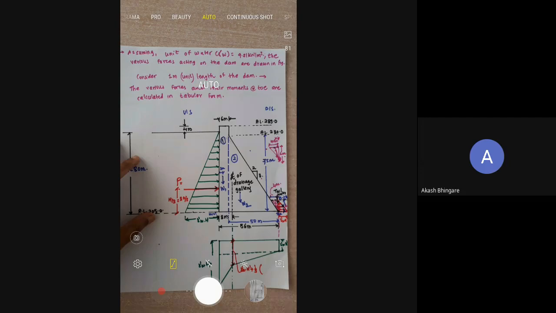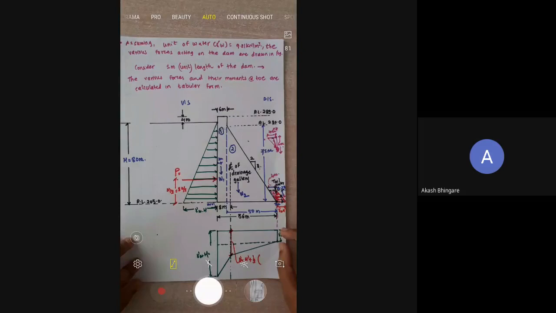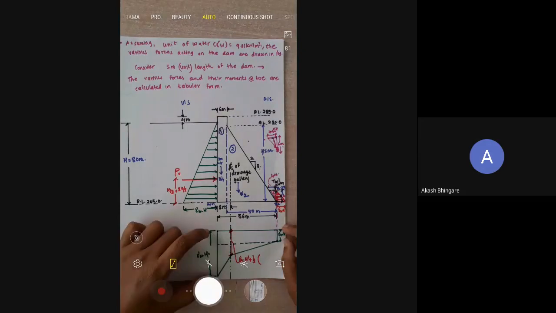So it will be gamma W into H dash, that is the uplift pressure at the toe, plus 1/3 of the difference between these two stresses or uplift pressures, gamma W into H minus gamma W into H dash.